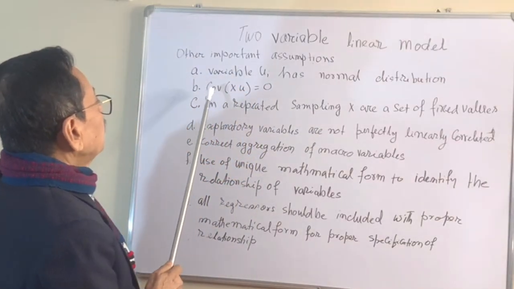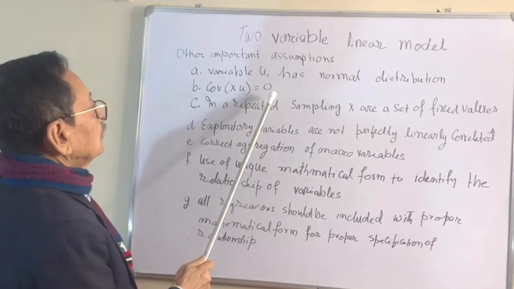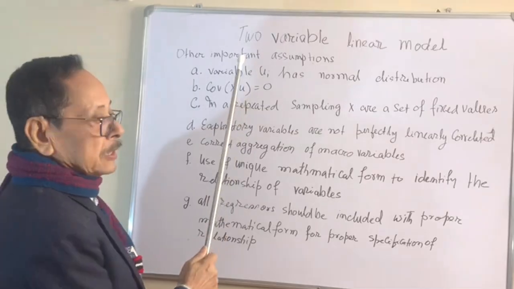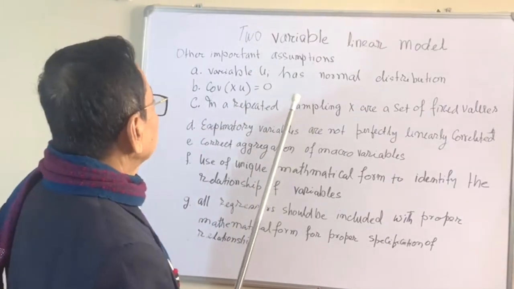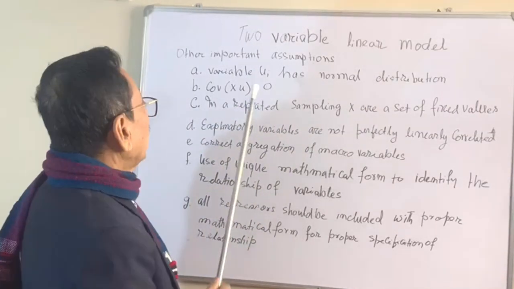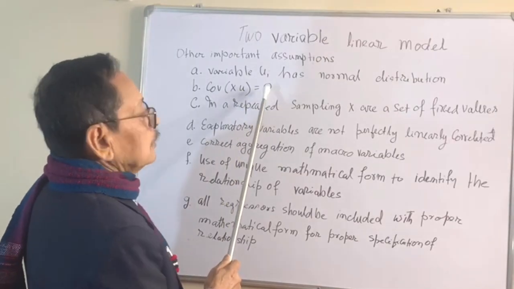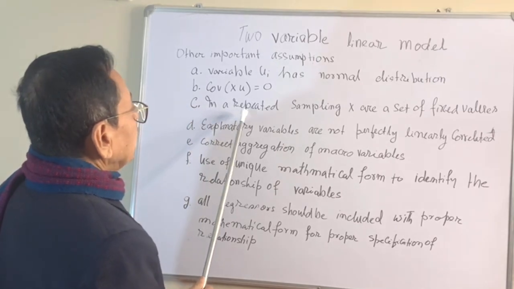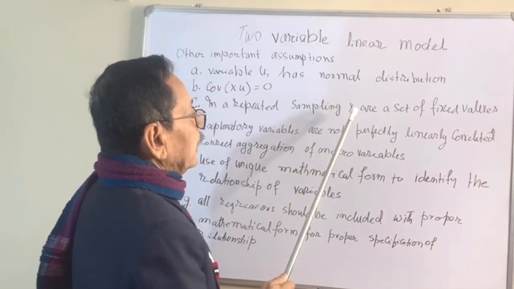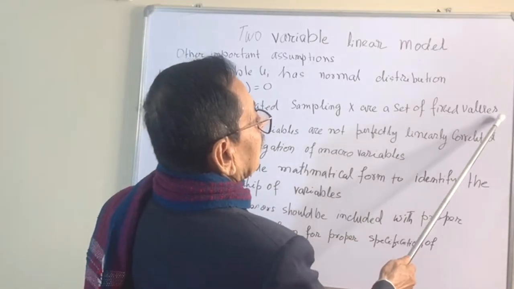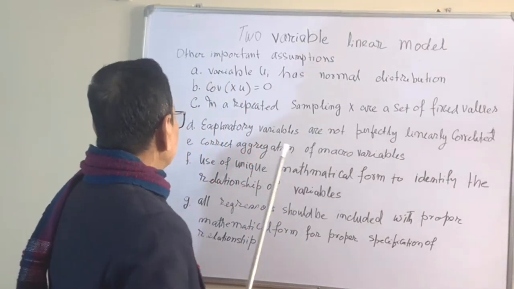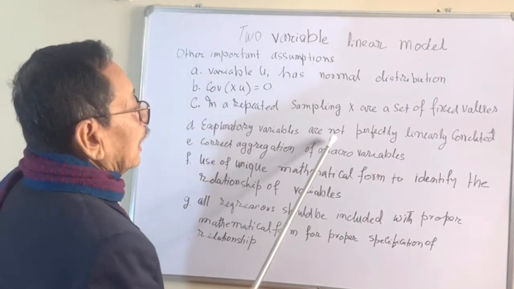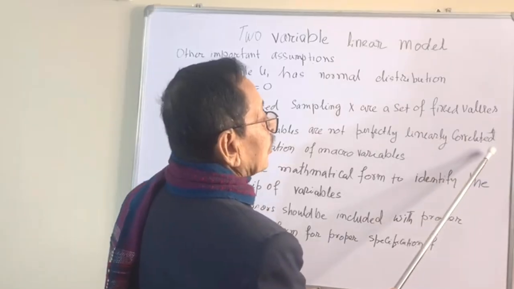B, covariances of x and u are 0. So covariance between x, that means the independent or influential variable, and the error term is 0. Then C, in repeated sampling, x are a set of fixed values. Then D, explanatory variables are not perfectly linearly correlated.